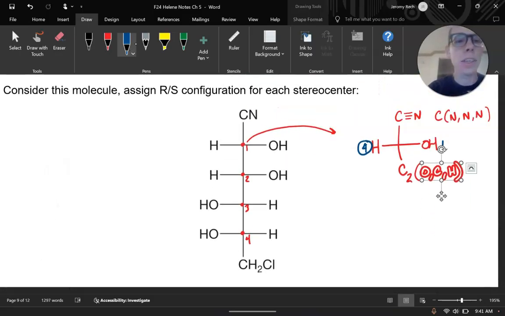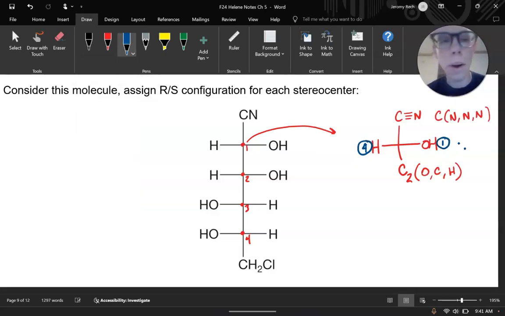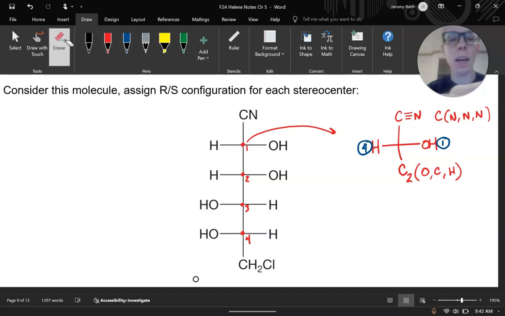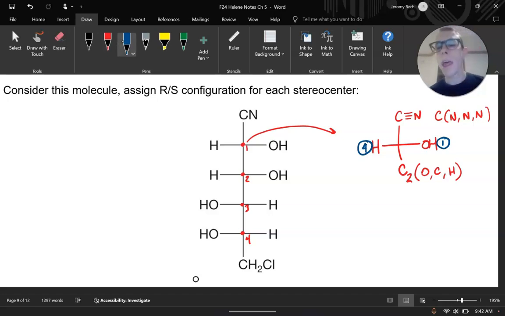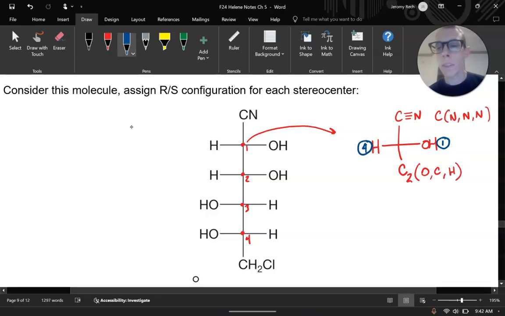We know our oxygen is going to be our biggest, based on where it is on the periodic table. It has a higher atomic number than carbon. And then our 2 carbons are going to be our second and third. So looking at it, we have a carbon with a nitrogen and a carbon with an oxygen.